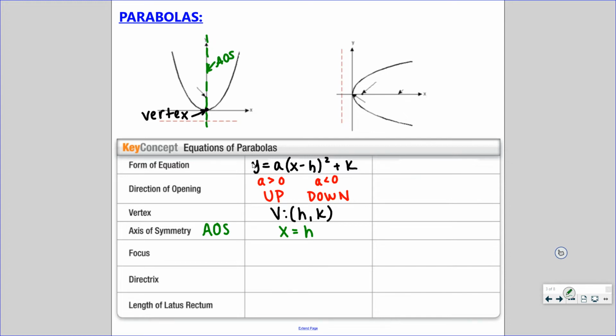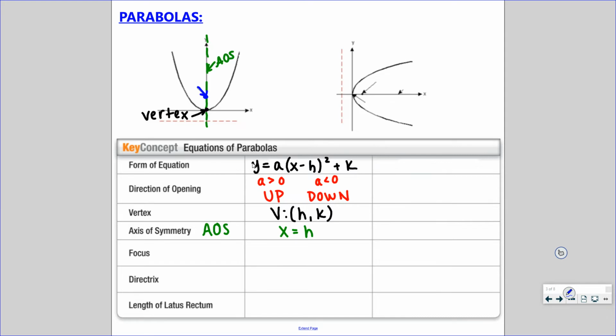Okay, I'm going to introduce you to two new vocab terms. There is a point inside the parabola that we call the focus. I'm going to highlight it in blue here. It's always located inside your parabola.